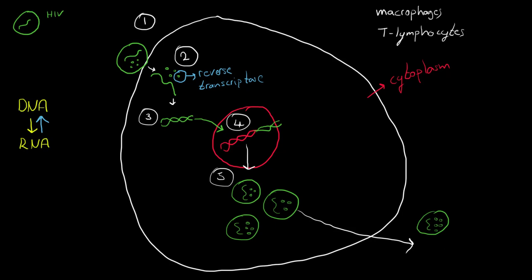So this step from 4 to 5 is also very crucial because the virus will take advantage of us. It's going to use our machinery, our tools, our enzymes, our ribosomes in order to express its genes and make more viral particles, which are going to spread through the bloodstream into more and more cells. So that is the last step of the HIV replication cycle.